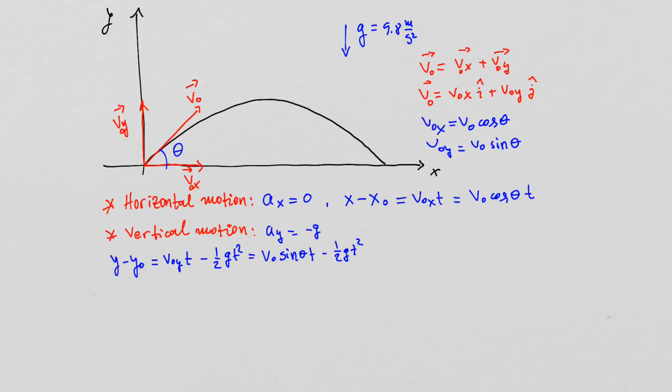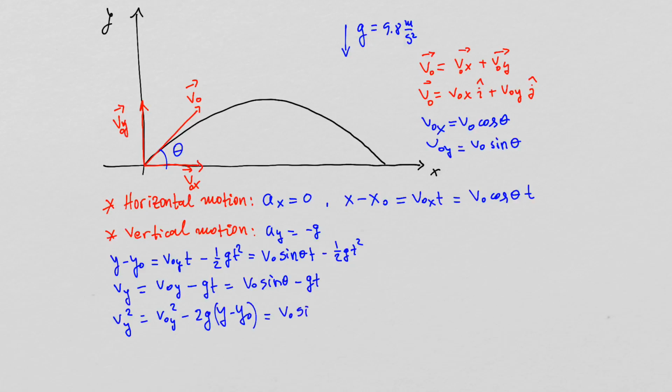Then we have vy is equal to v0y minus gt, which becomes v0 sine of theta minus gt. And finally we have vy squared is equal to v0y squared minus 2 times g times (y minus y0), which becomes v0 sine of theta squared minus 2 times g times (y minus y0).